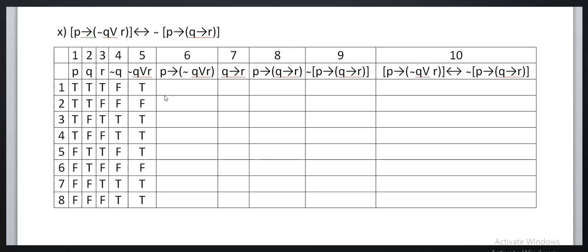T implies T is T, T implies F is F, T implies F is F, T implies T is T, T implies T is T, F implies T is T, F implies F is true.